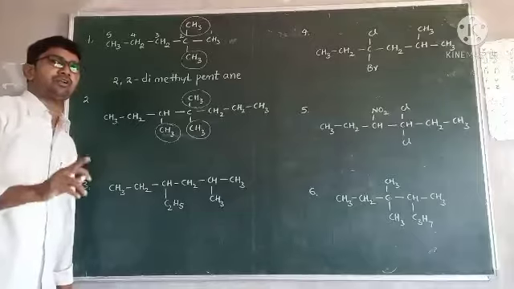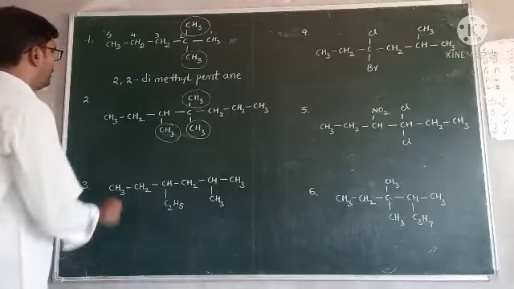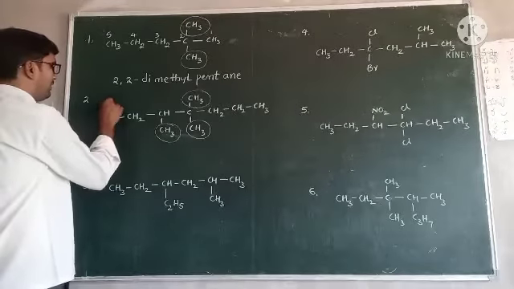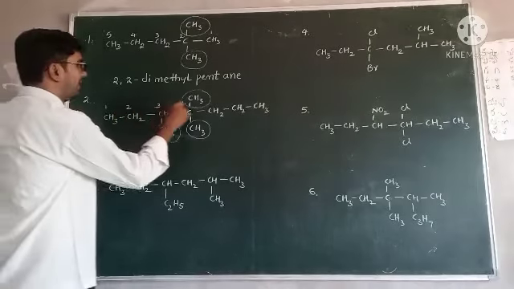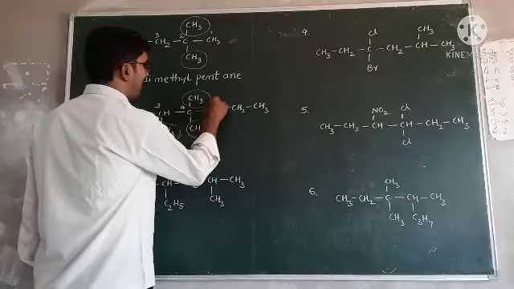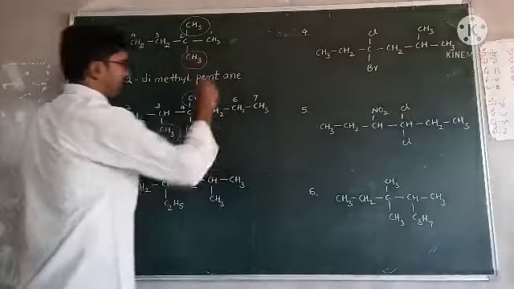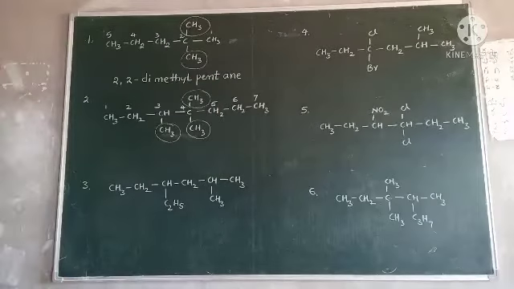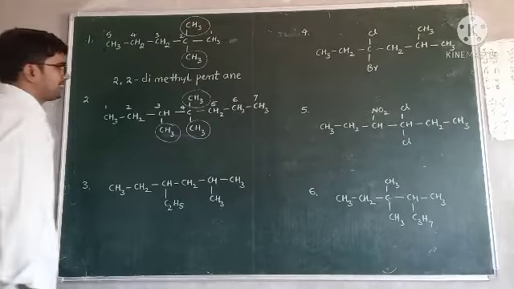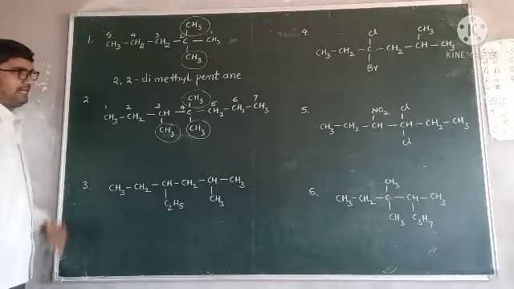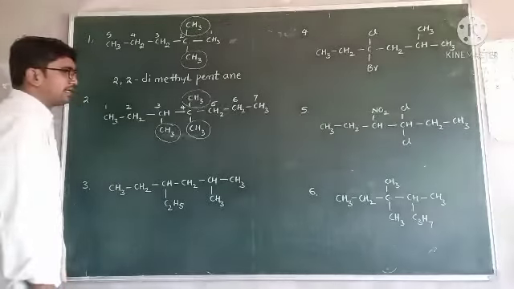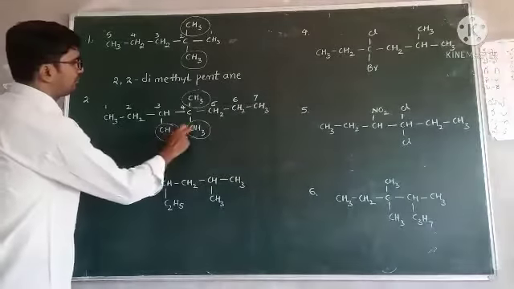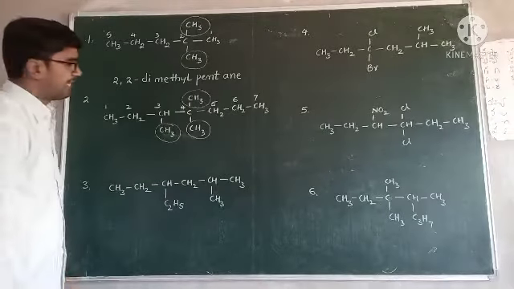But we must follow the lowest sum rule. So give numbering from this side: 1, 2, 3, 4, 5, 6, 7. Numbering is completed, so now write the name. For the name, what is the first part? Substitutions. 3 substitutions are there.